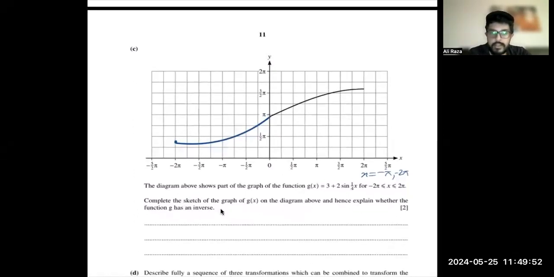We need to see if this graph would have an inverse.